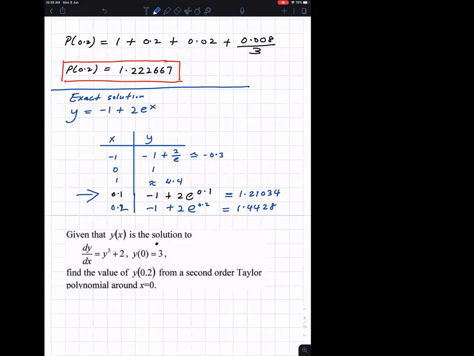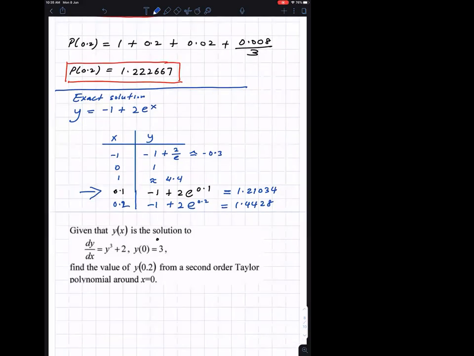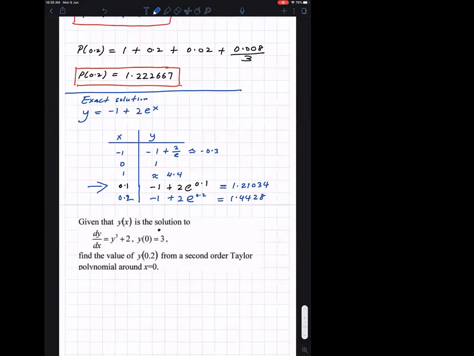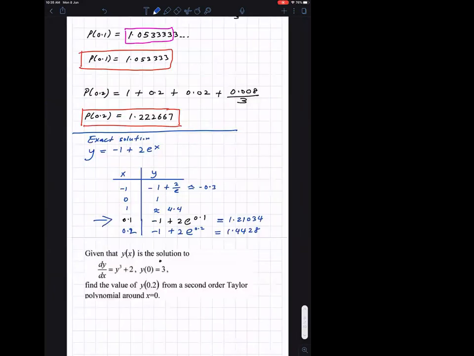I don't know if this is correct, but you guys can check later on. But you can see apparently the approximated value and the exact value are not the same, right? But they are close, not very close.